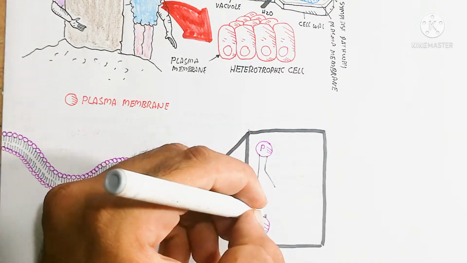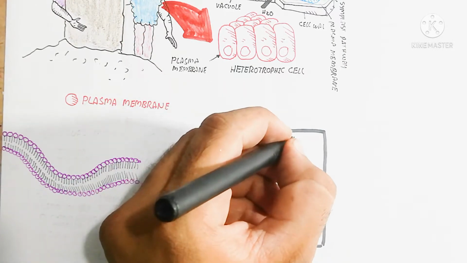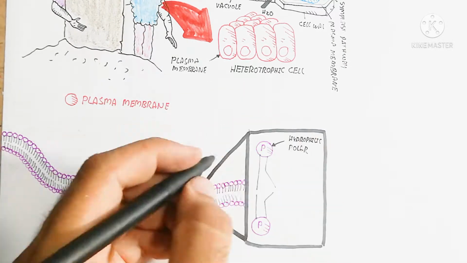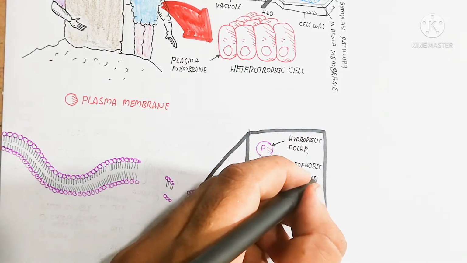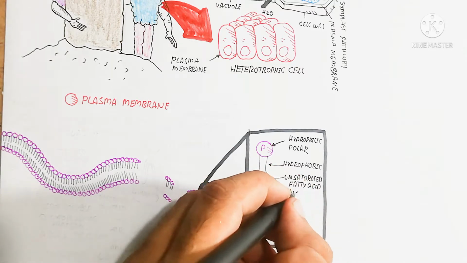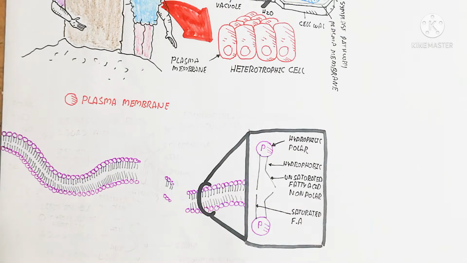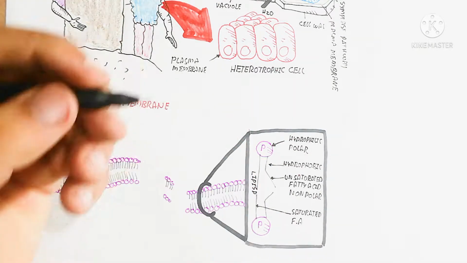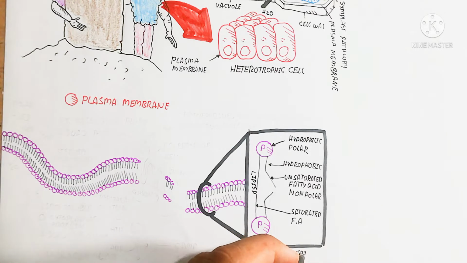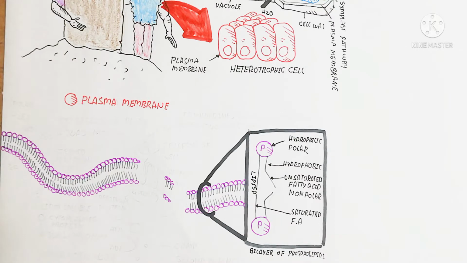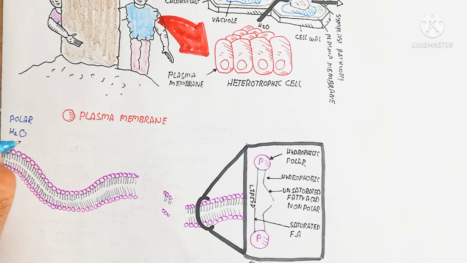Here a phosphate group is attached, which is polar and hydrophilic, but the fatty acid chain is hydrophobic. An unsaturated fatty acid contains a double bond, and it bends the chain. Two tails are present, one saturated and one unsaturated. Saturated means the double bond is not present in the fatty acid chain, while in the unsaturated one the double bond is present, which gives an oil-like structure.